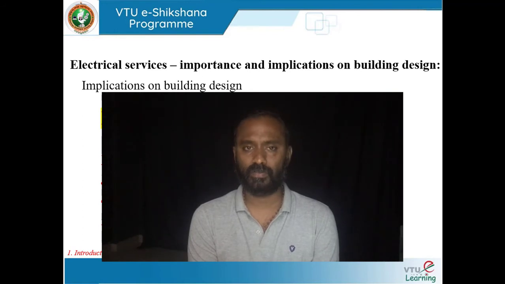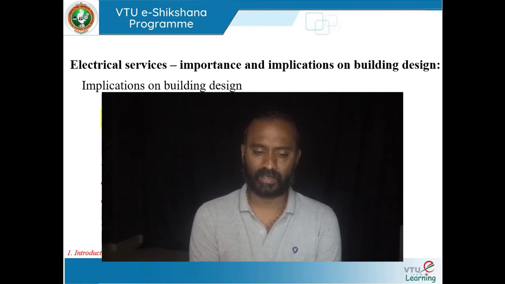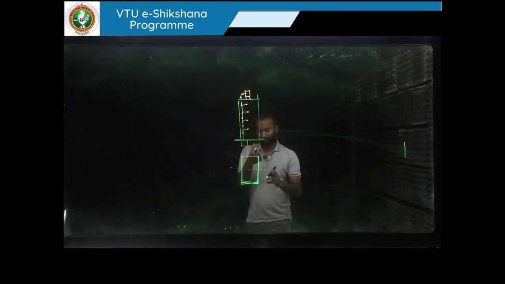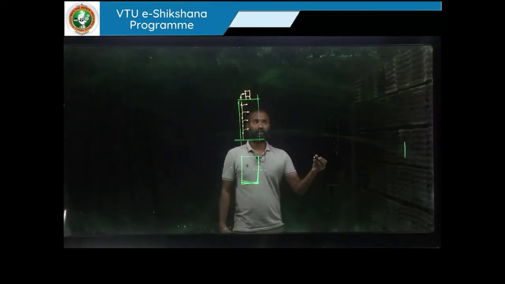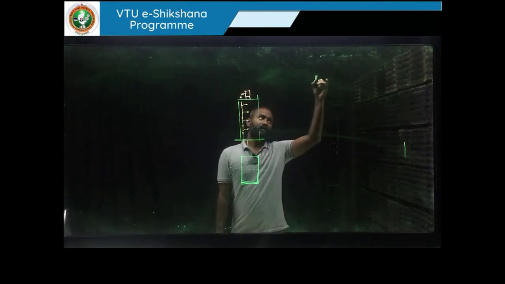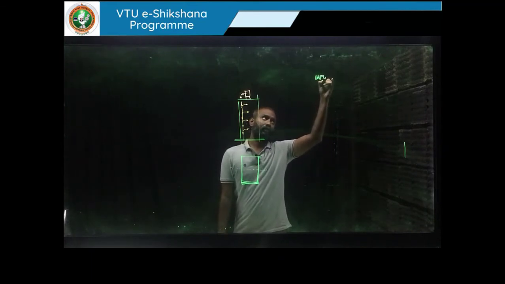So I will switch to a board explanation where we will quickly try to understand whatever I just spoke. Again, why we shifted to the board is to understand the implications of electrical services on building design.